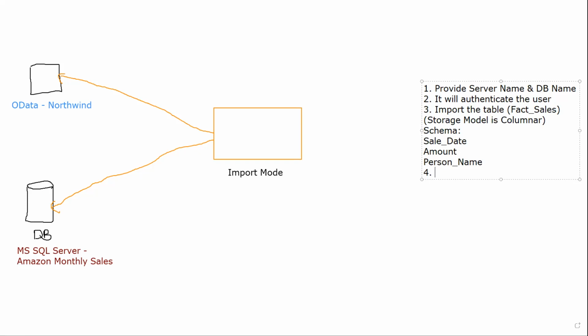So what Power BI will do is make use of the VertiPaq engine, and it will do two things here: A, compression, and second, it splits each column of the table and stores it separately.